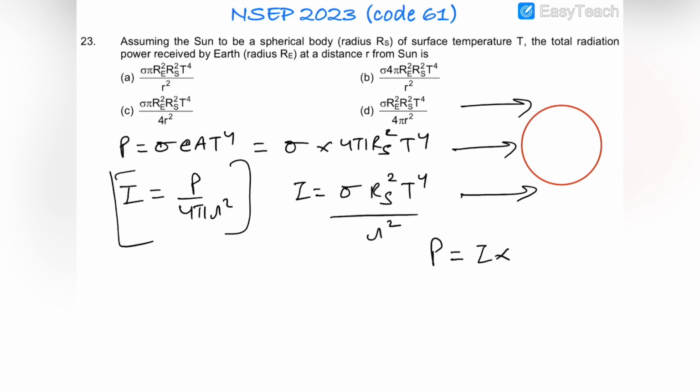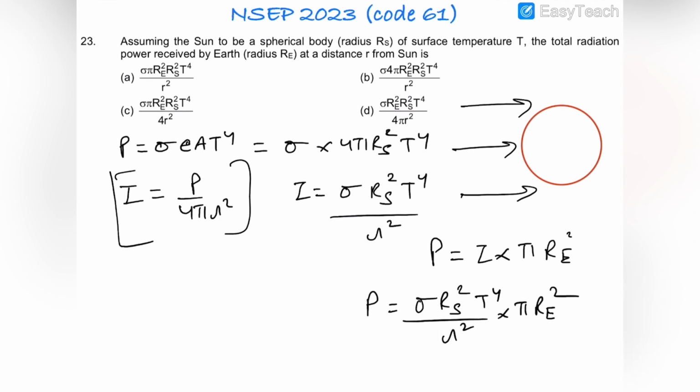So the area perpendicular to the radiation is pi Re square, where Re is the radius of the Earth, and we can assume that if Earth was two-dimensional, then the area in which it would be receiving the power would be pi Re square. So the power received by the Earth would be sigma Rs square T to the power 4 upon r square into pi Re square. So the correct answer is option A. Now we move on to the next question.